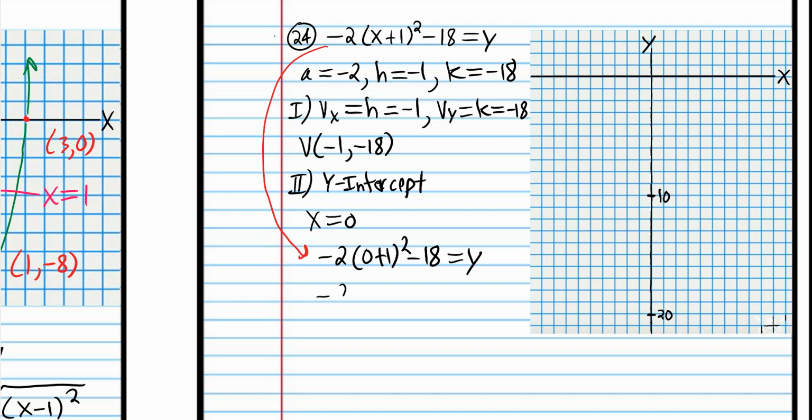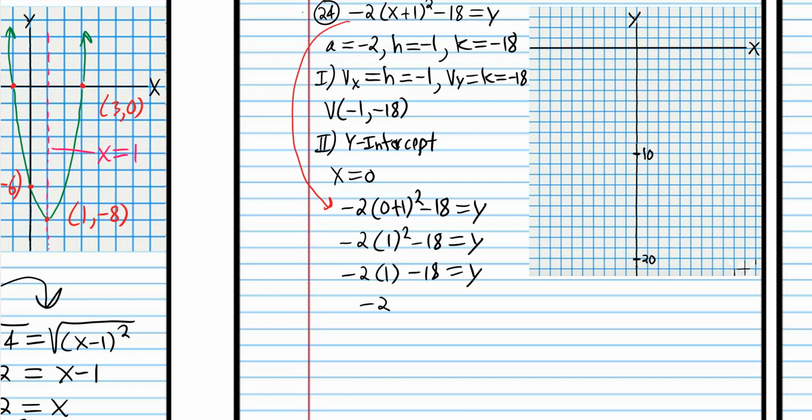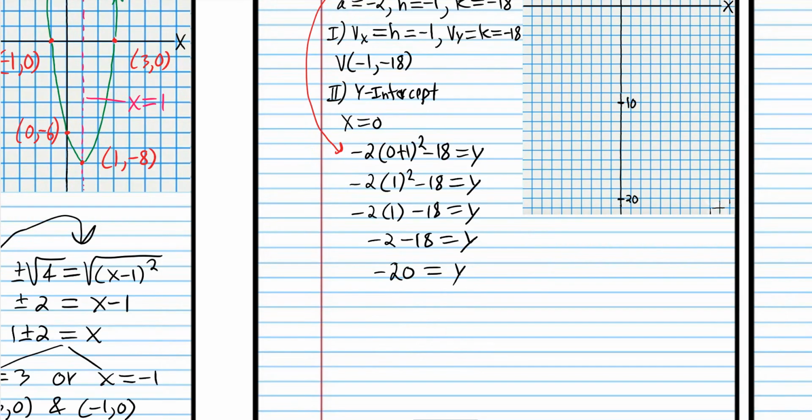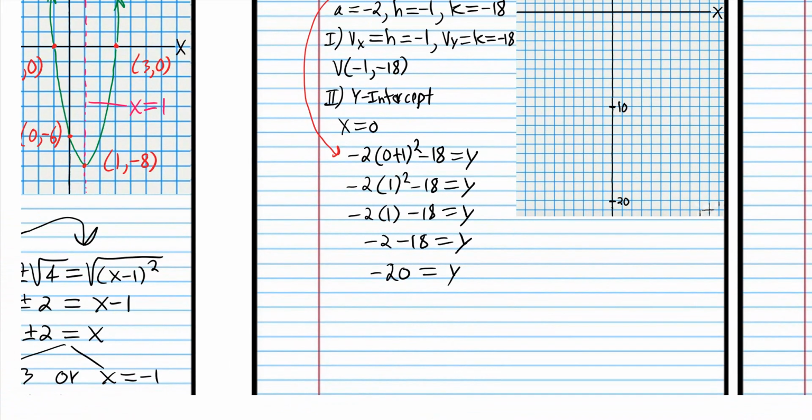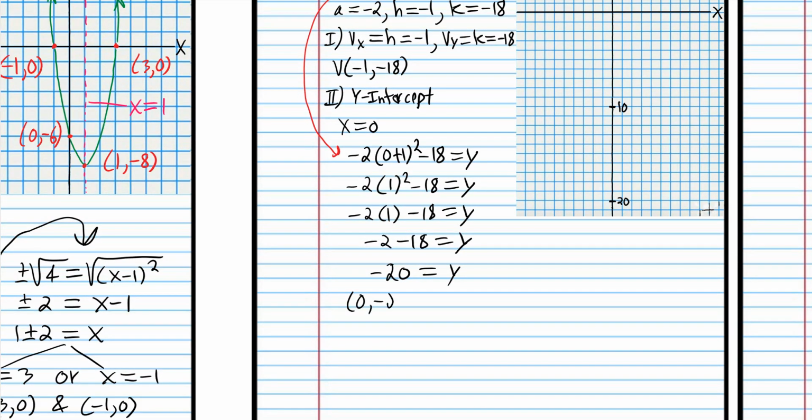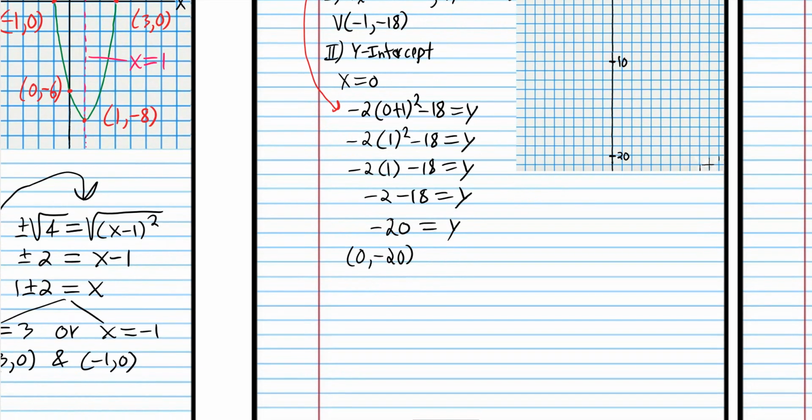And we have -2 times 1² - 18 = y. 1 squared is 1. And -2 times 1 is -2. And so y is equal to -20. So our y-intercept is (0, -20).